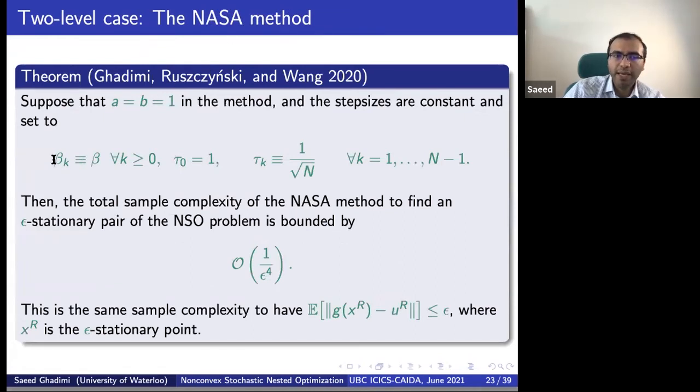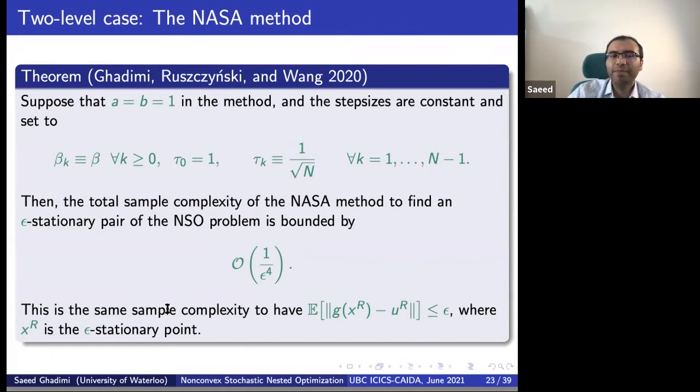Here is the main convergence result for the NASA method. If beta k is set to a constant number depending on the problem parameters, and tau k is just 1 over the square root of n, where n is the total number of iterations, then we can show that the total sample complexity of our method is on the order of 1 over epsilon to the 4 to find an epsilon stationary point of the problem.